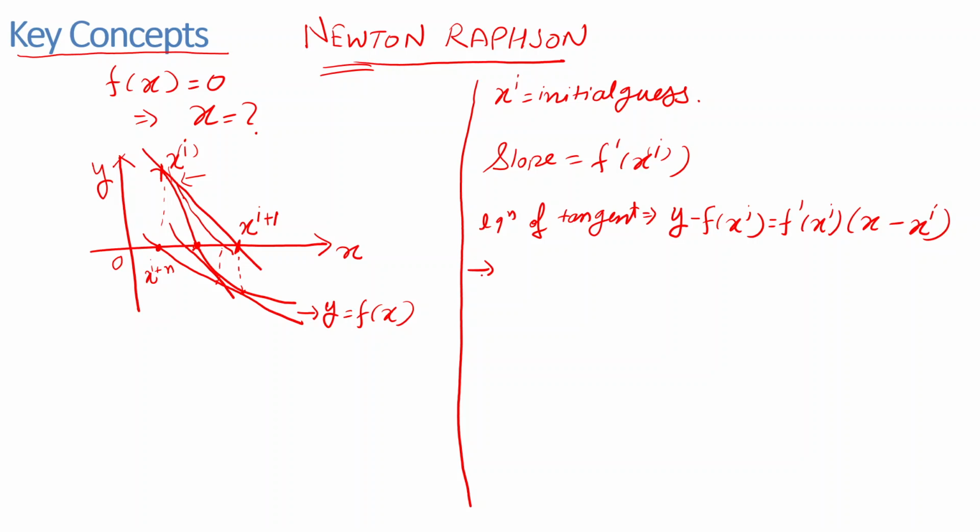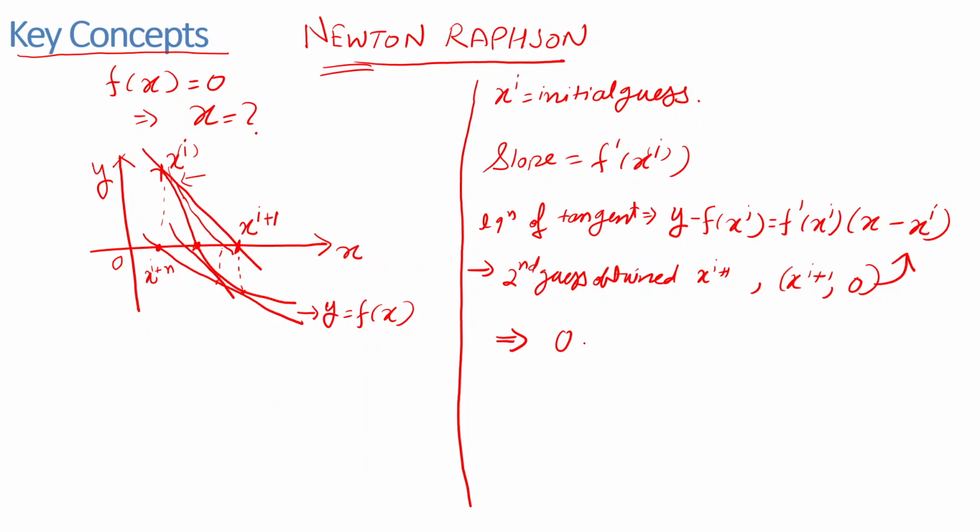So now my second guess obtained is xi plus 1. Now this xi plus 1 comma 0 will satisfy this equation, and by putting this point in this equation, I will be getting my next iteration value.